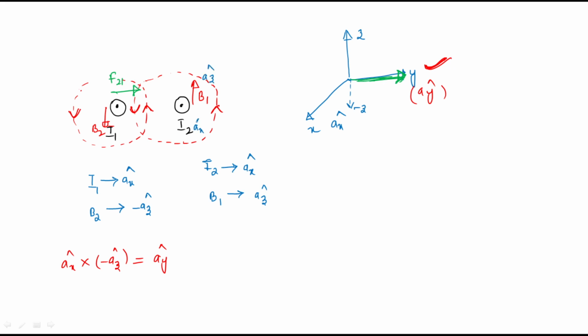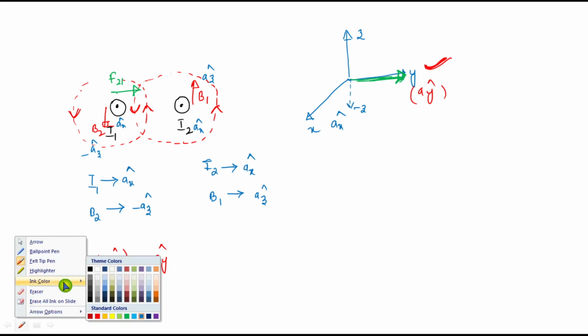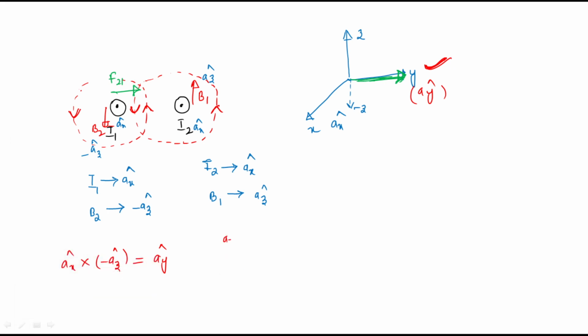This is ax cap, this is minus az, this is ax, clear. So what will happen to ax cross az? It should be equal to minus ay cap. So obviously this is the direction of force of 1 on 2.